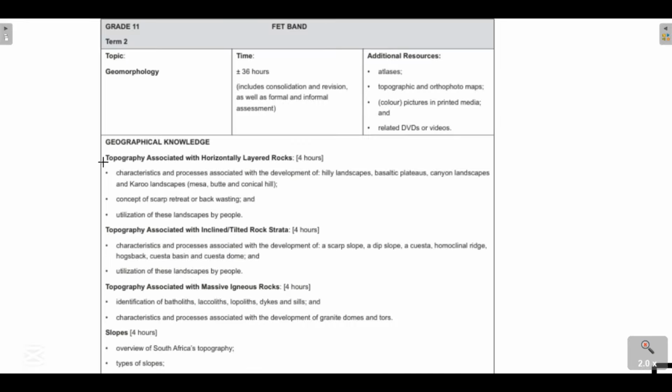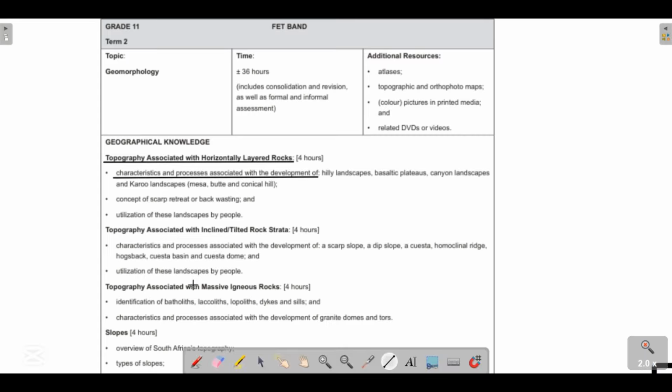Now, from our CAPS document, this is the very first subtopic, topography associated with horizontally layered rocks. So today's video will be covering this very first part, which is the characteristics and processes associated with the development of these horizontally layered rocks.